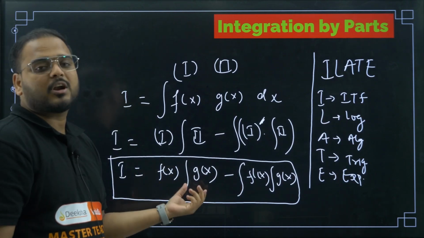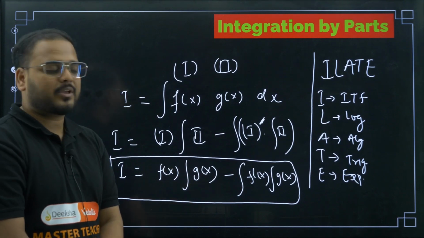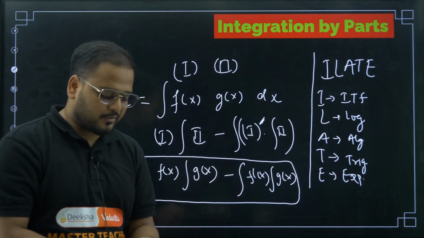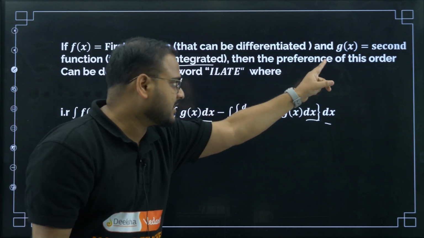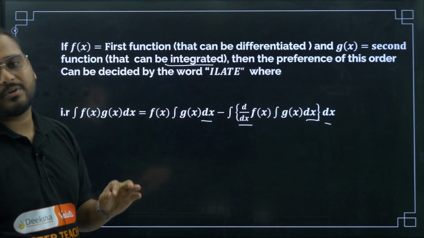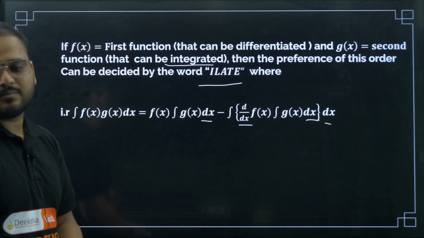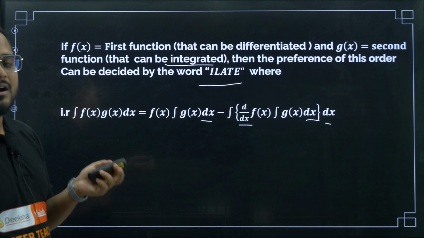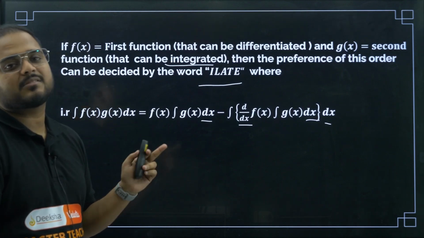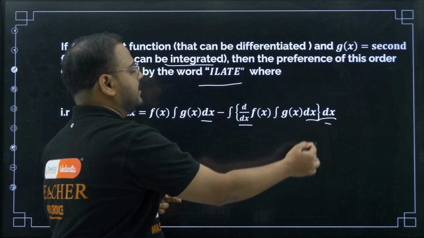And if you can't integrate the second function, then how will you take the integration? So the prerequisites are that the first function can be differentiated and the second function g(x) should be integrable. Then the preference order is ILATE. This expression is given by f(x) integral of g(x) dx minus the integral of f'(x), the derivative of f(x), times the integral of g(x) dx, whole integral with dx.